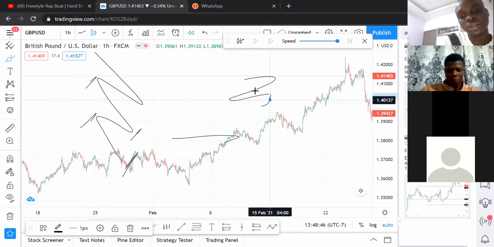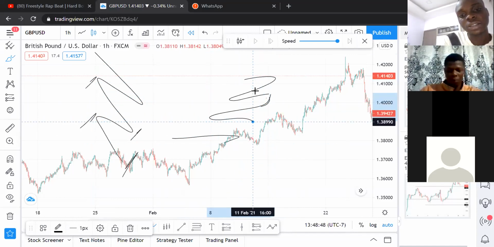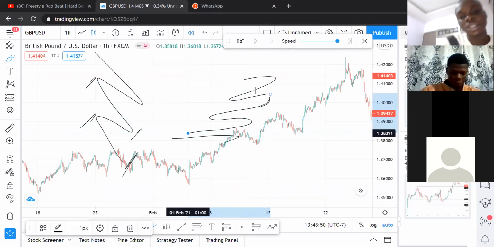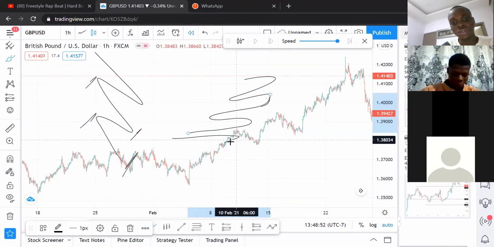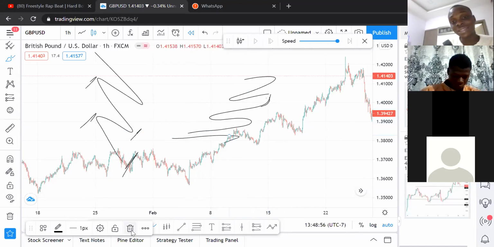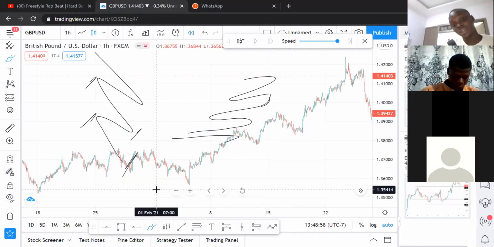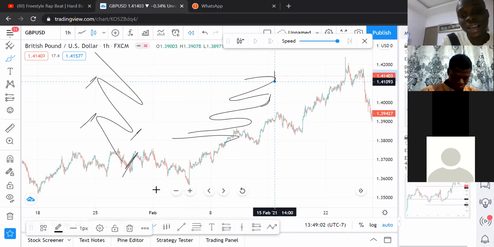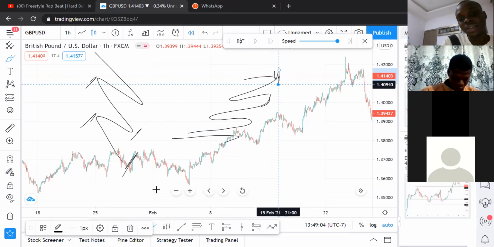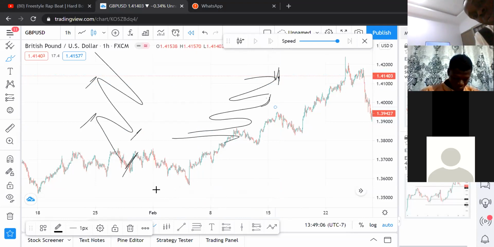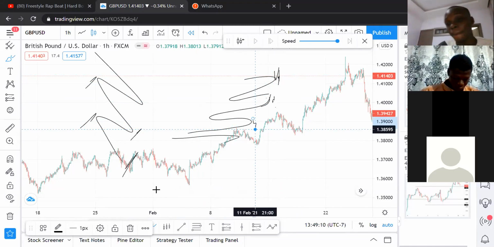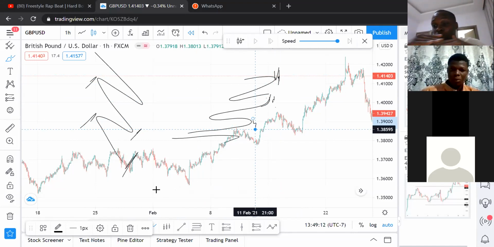Then like this, then like this. Same thing here. You can notice that in this downtrend market, this lower high is different from this lower high, and is different from this lower high. It won't be on the same spot.